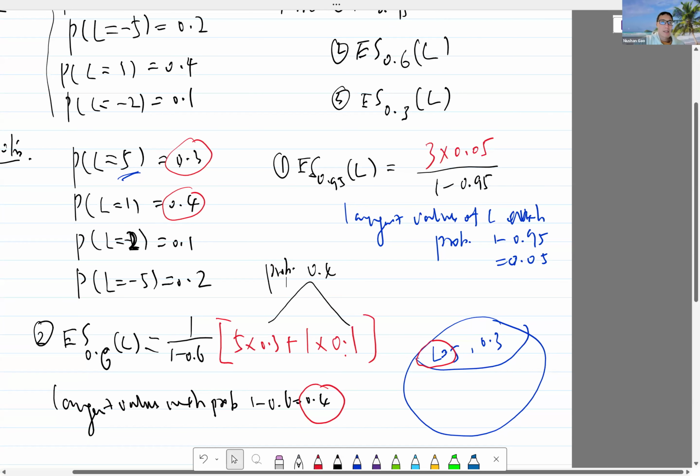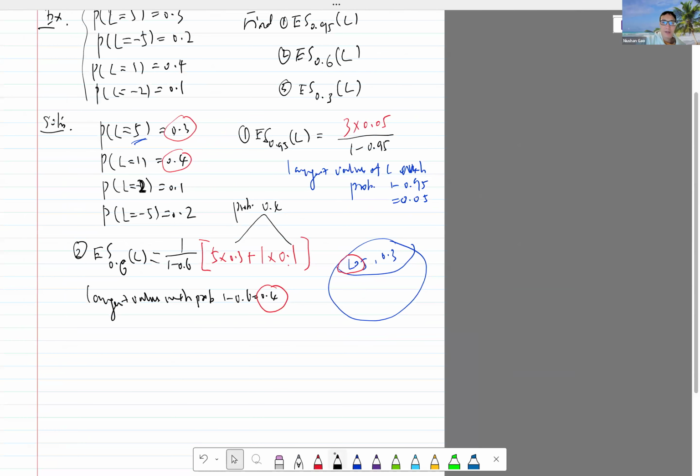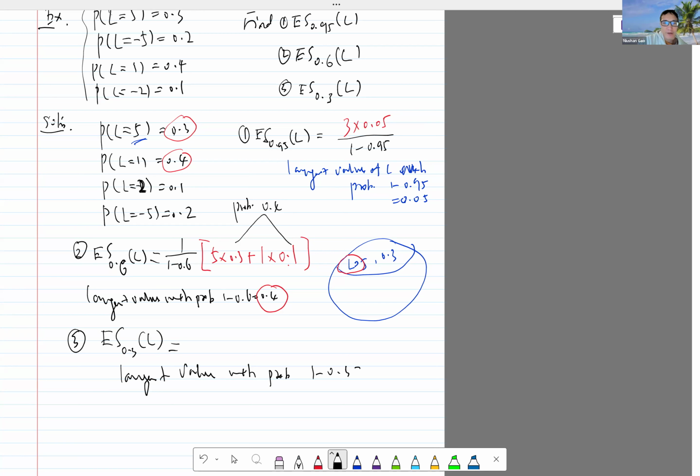Let's finish this example, then we can have a break, right? Oh, no, not a break yet, it's too early. Let's finish this one. Then let's do the next one. This is the largest values with probability 1 minus 0.3 equals 0.7.